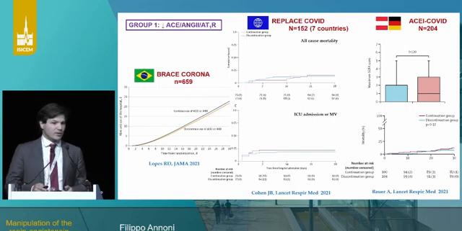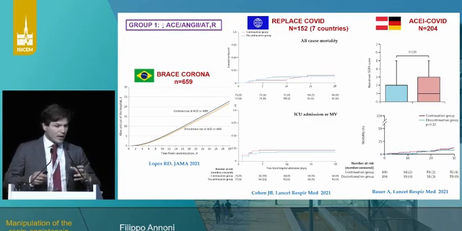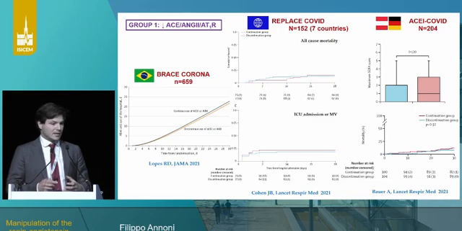The largest, the BRACE CORONA, is a registry-based neutral study carried out in Brazil. The second one, the REPLACE COVID, used an interesting system of a global rank to estimate a whole bunch of interesting clinical outcomes, and it was also neutral.